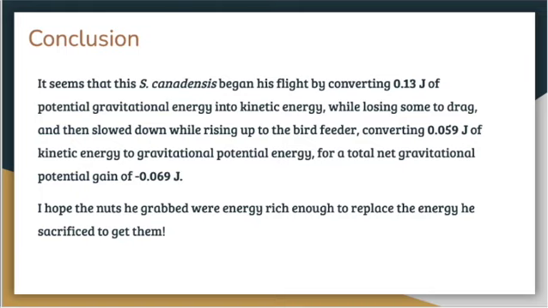Then after that, he ascended to the feeder, so he converted some of that kinetic energy back into gravitational potential energy, 0.059 joules of that. And so the total gain of energy was actually negative. He lost energy in doing this, 0.069 joules to be precise. So hopefully the bird grabbed enough nuts that this minor joule loss was accounted for and made up for.